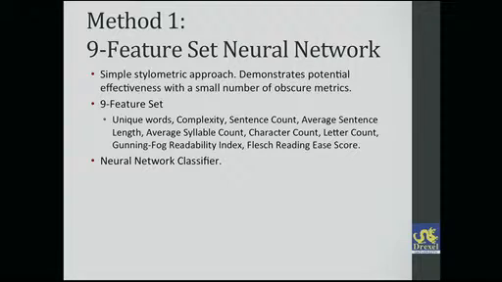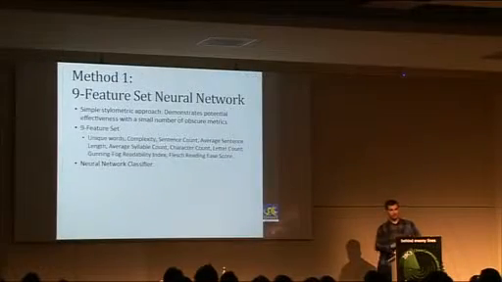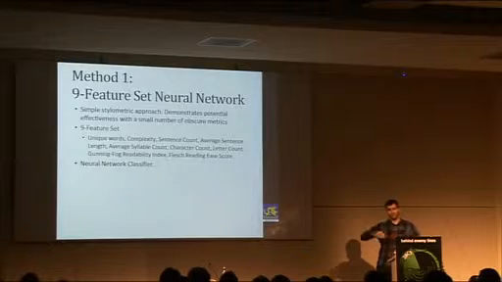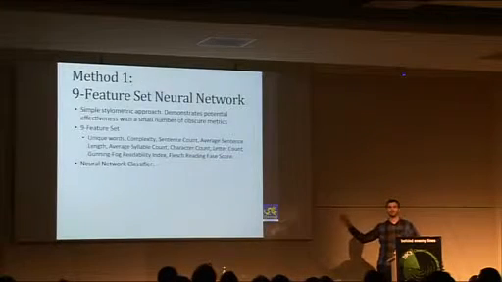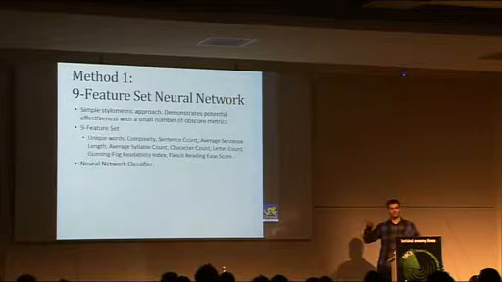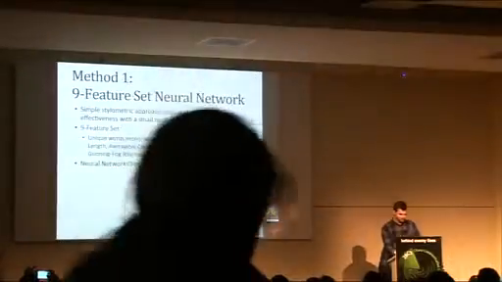We passed these 9 data points into a neural network classifier. The results, when you get to high numbers of authors, are not that strong, but still significantly above random chance. The point of this method is to demonstrate that even a simple, very basic measurement of text can give you some pretty strong clues as to the identity of an author.